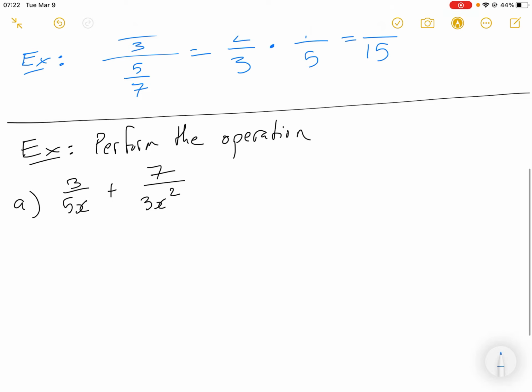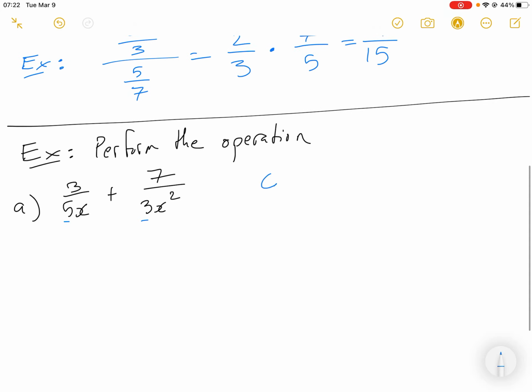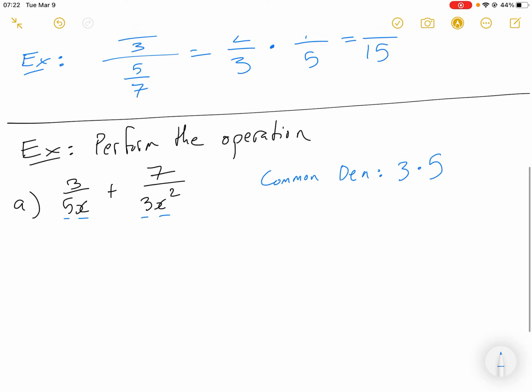Now the first step is to figure out what a common denominator would be. So we can start with the numbers, the 5 and the 3. The common denominator is definitely going to have 3 times 5. And a lot of times what we want to do next is take the x times the x squared, and so we'd end up with x cubed.